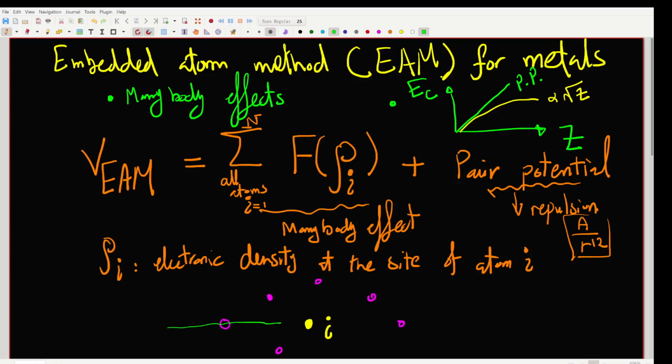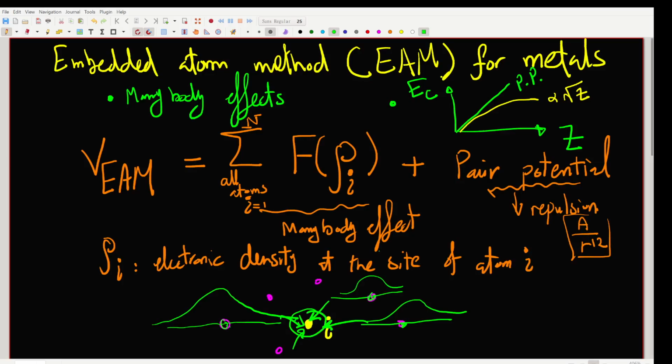Of course, I'm presenting it here in 1 dimension, but it's a 3-dimensional object. Each one of the neighbors contributes part of its electronic cloud at the site i.